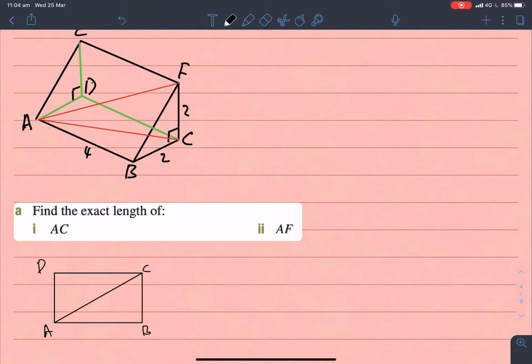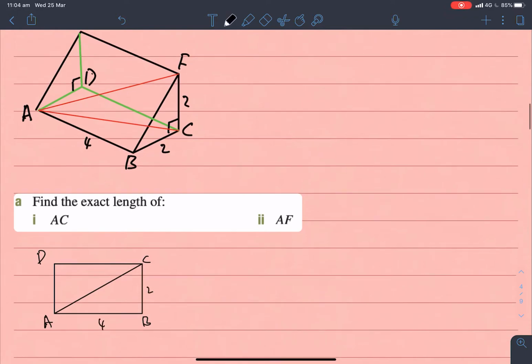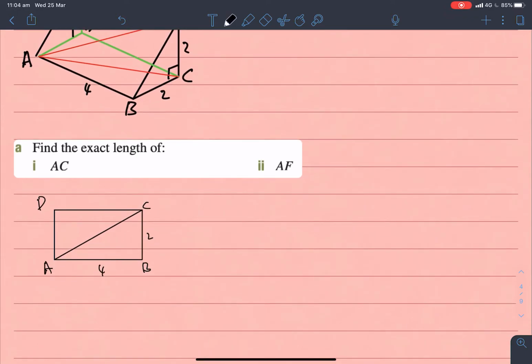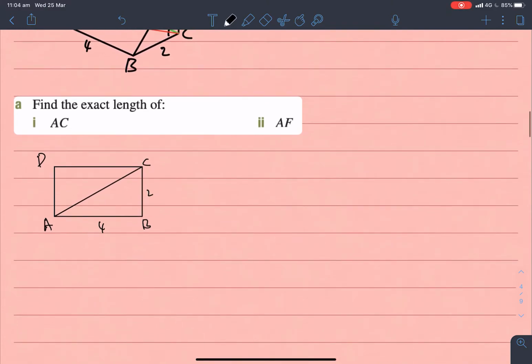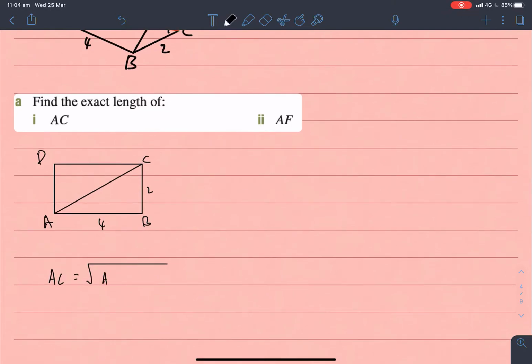We know AB is 4, BC is 2, and we can use Pythagoras. AC equals the square root of AB squared plus BC squared.